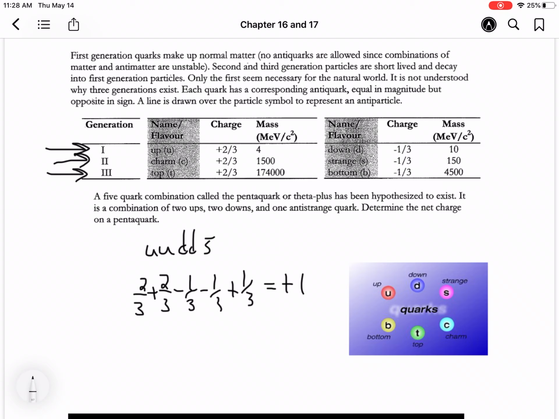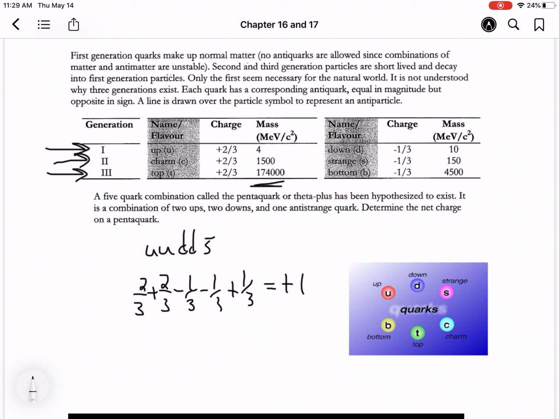Now, a majority of them only last for milliseconds or less, because they're not first generation. Anything to do with the charm, strange, top or bottom doesn't really exist very often. But you notice that the mass changes. Look at the mass of the top compared to an up quark. An up quark is about 4 mega electron volts, and a top quark is 174,000.